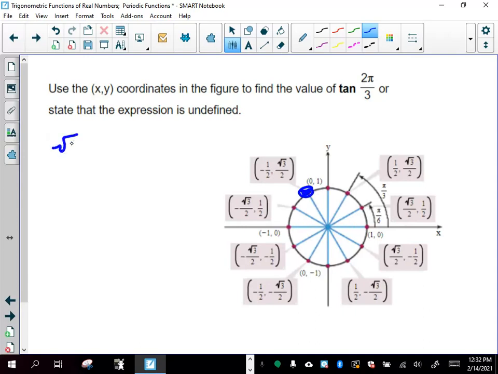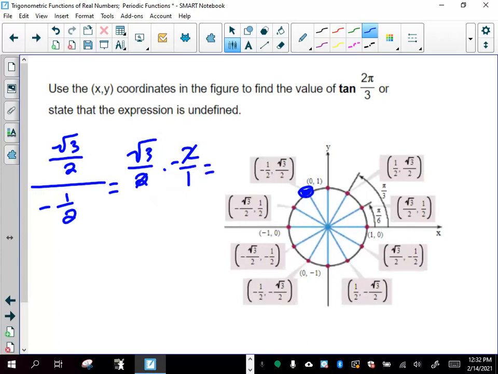So we have square root of 3 over 2 all over negative 1 over 2. Copy dot flip. Those cancel. That means the tangent of 2 pi over 3 is negative square root of 3.